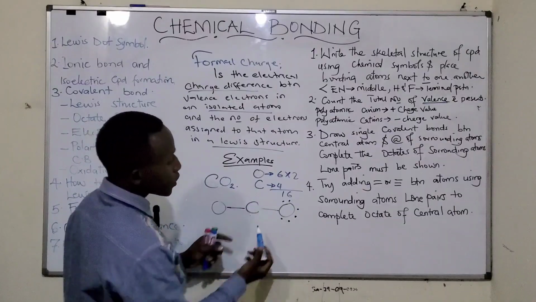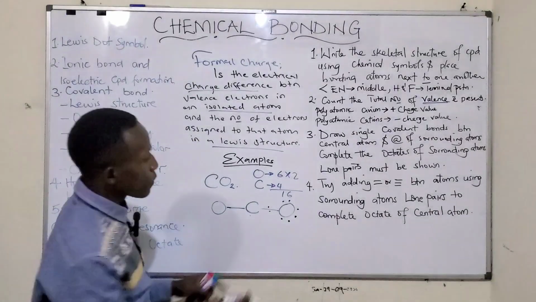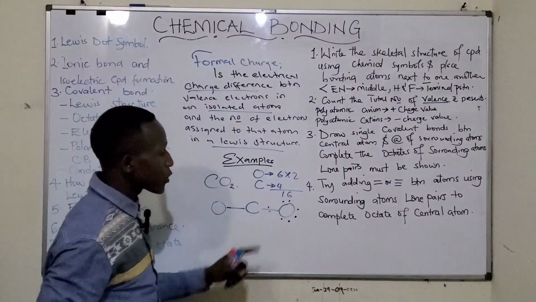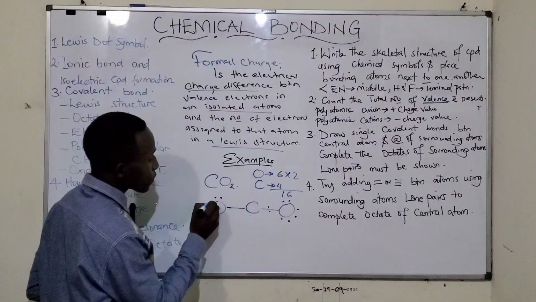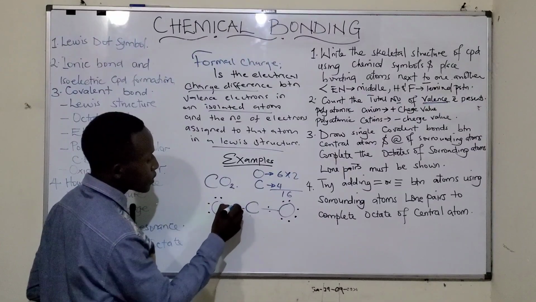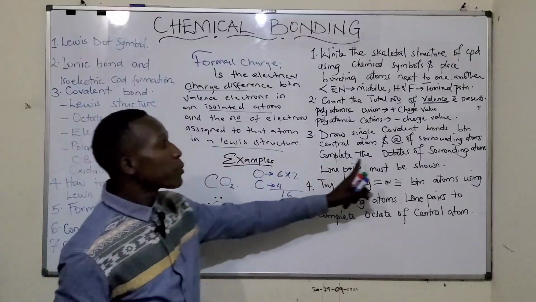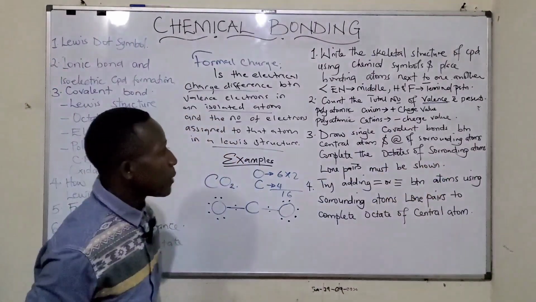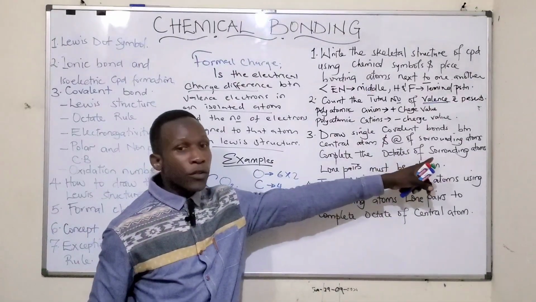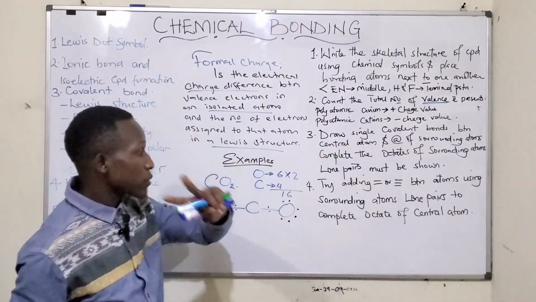But remember, in the bond we have 2 electrons, so it is surrounded by 8 electrons. Also this one: 1, 2, 3, 4, 5, 6, 7, 8. So this is the next step, to complete the octets of the surrounding atoms. But remember, in the case of hydrogen, it is stable when surrounded by only 2 electrons.